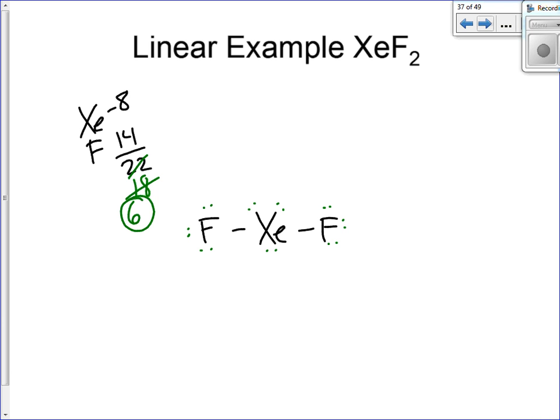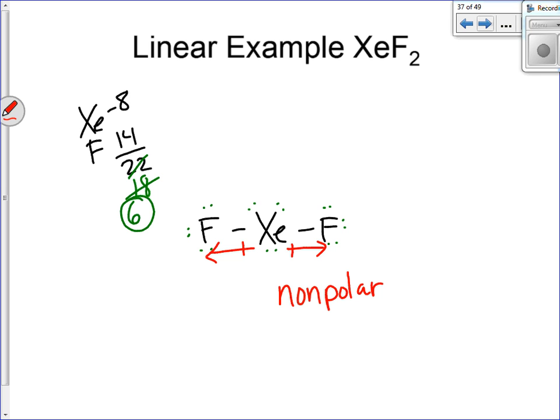Now this one though is interesting in its polarity. Is this one polar or non-polar? Non-polar. It is symmetrical. Look at your dipole moments. They're equally pulling on the central atom.